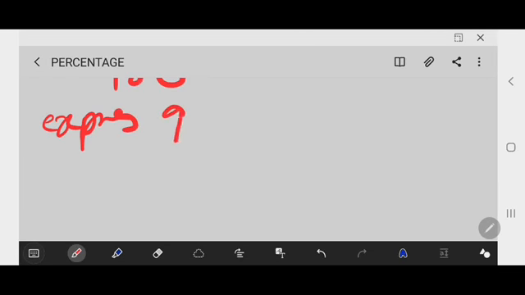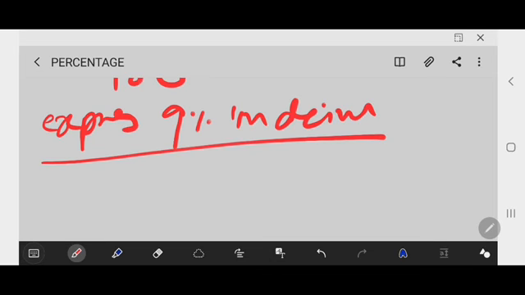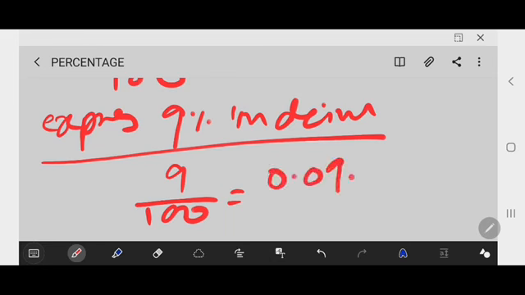Express 9% in decimal. So 9% in decimal is 9 by 100. So the answer will be 0.09.